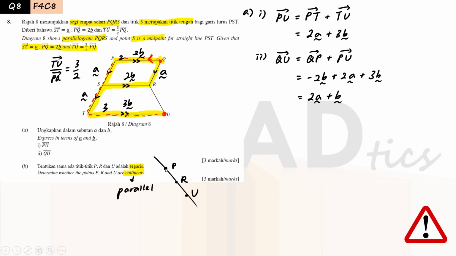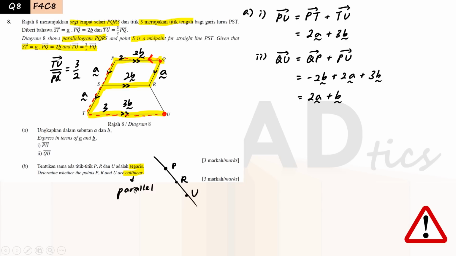Because, okay, let's say for this line PU, I split them into 2 lines, PR and RU. But if I split it, this means these 2 lines are actually parallel to each other, right? Because they are from the same line. Okay, which is why collinear is another word for parallel.